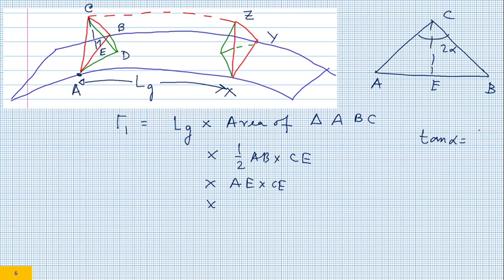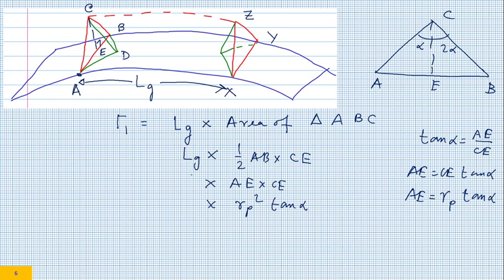Tan is perpendicular by base, so if this is angle alpha, perpendicular is AE divided by CE. So AE becomes CE times tan alpha. What is CE? CE is nothing but the protruded part of the grid, so it is RP. So this becomes RP square tan alpha.